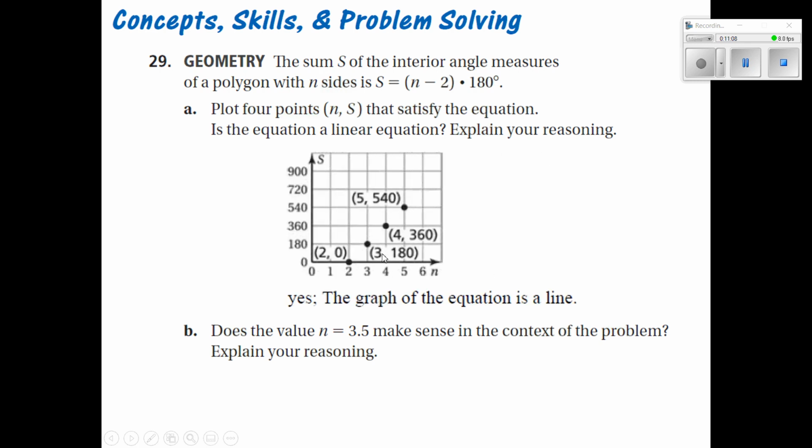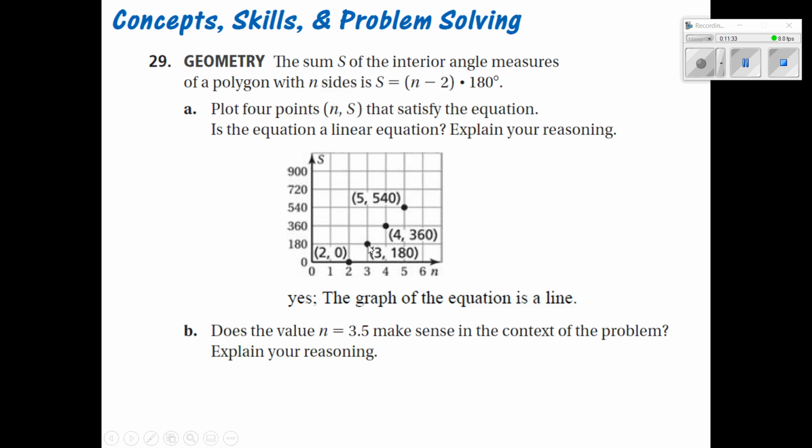Well, as you can see here, yes, it is a linear equation. It never had to say it was proportional, right? So when we have 2 as the sides, 2 minus 2 is 0. 0 times 180 is 0. So when x is 2, y will be 0. But when I have 3, well, 3 minus 2 is 1. 1 times 180 is 180.